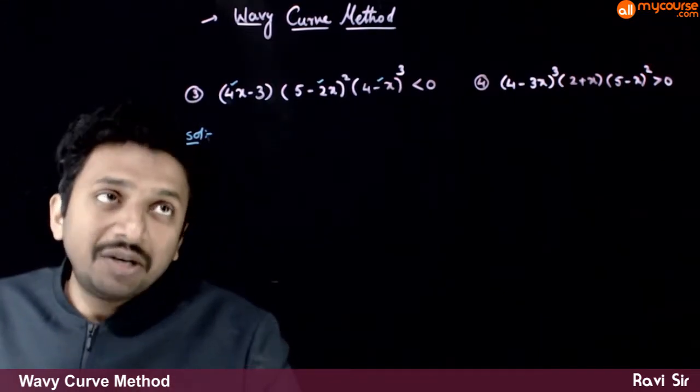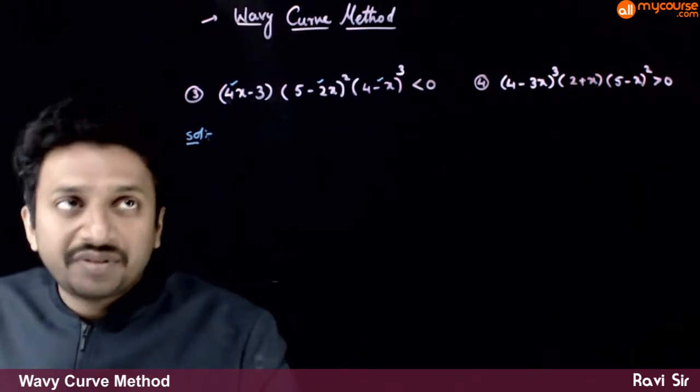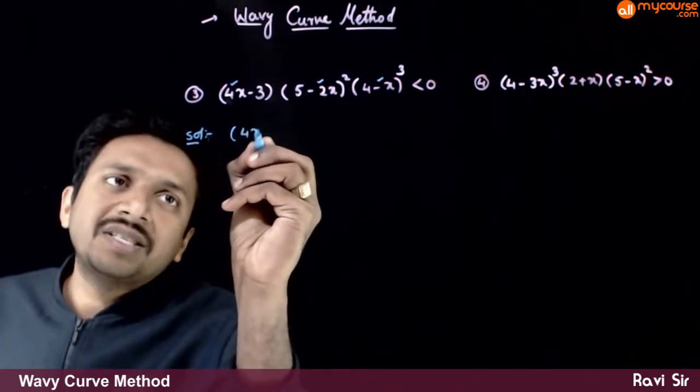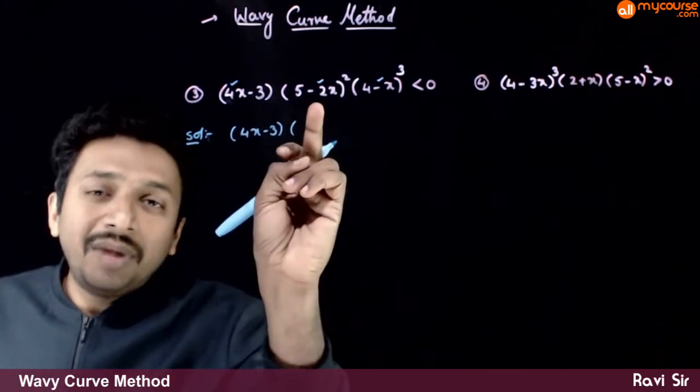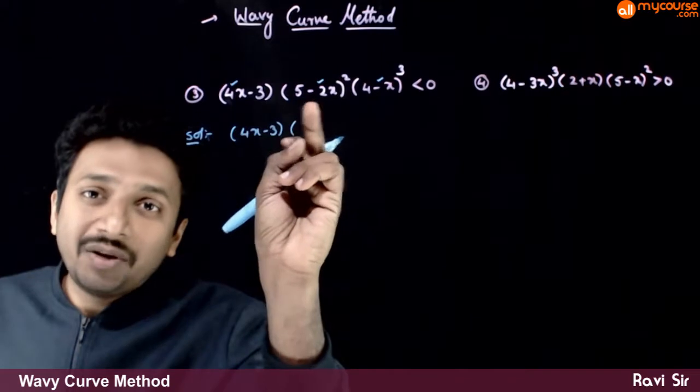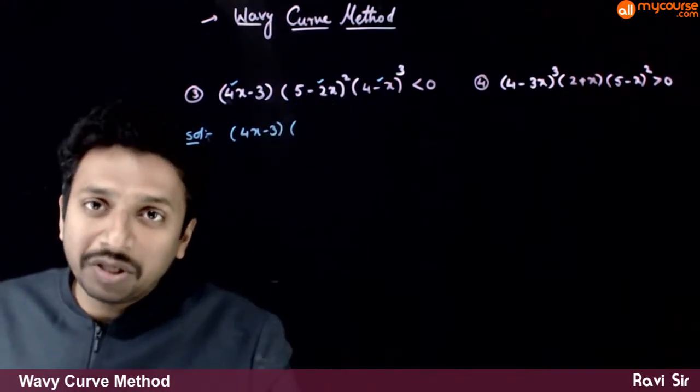So first I'll try to make these negative leading coefficients into positives. You have to make leading coefficients from negative to positive. It's not that you just need to make it into plus. You have to be logical.